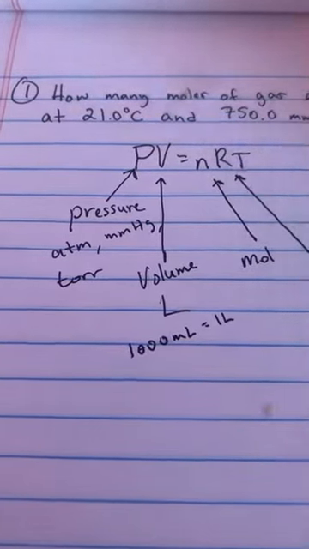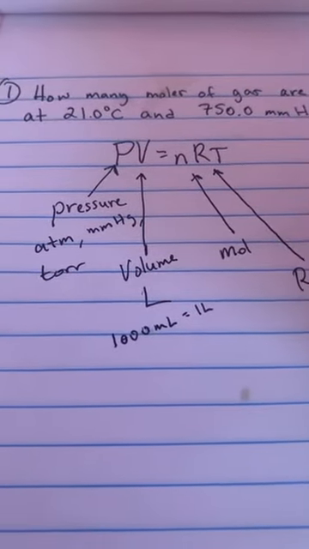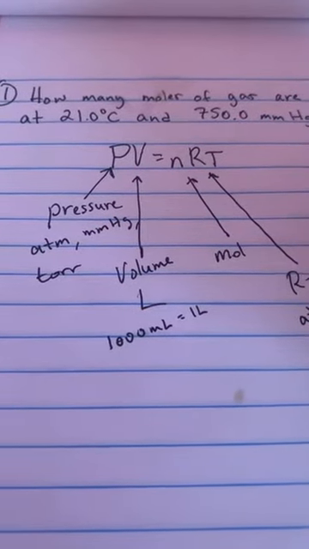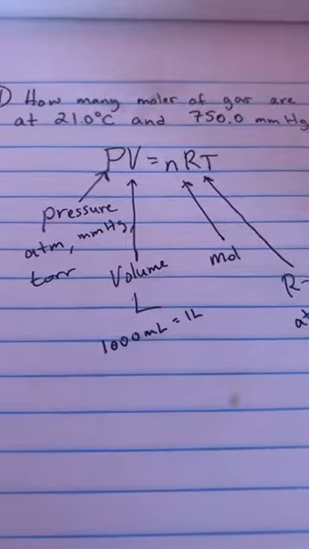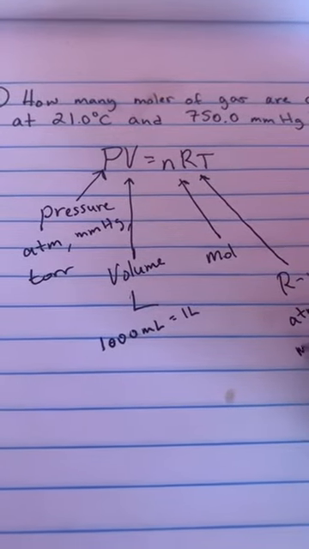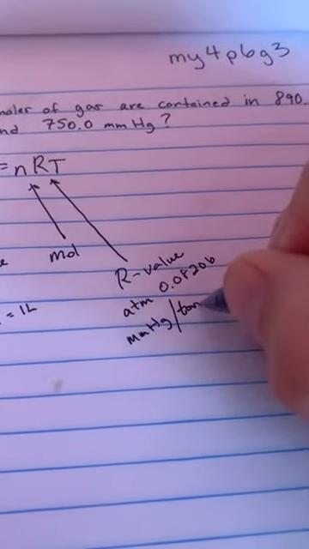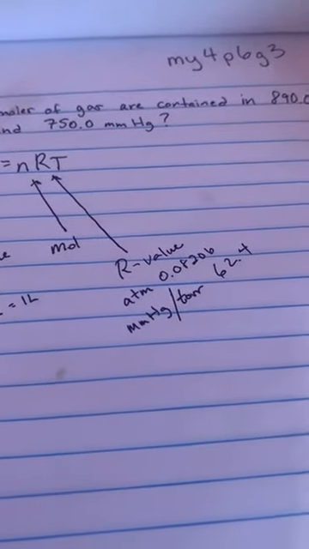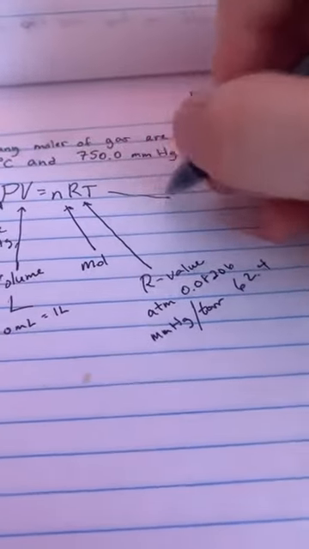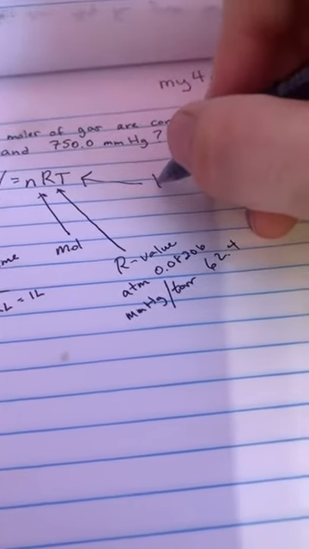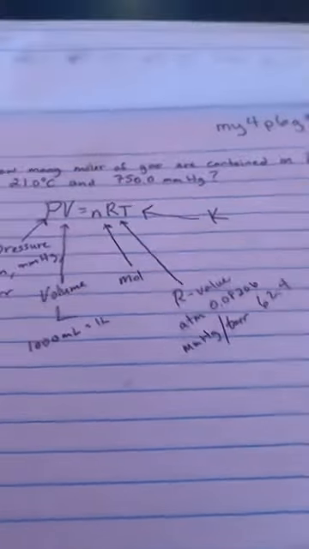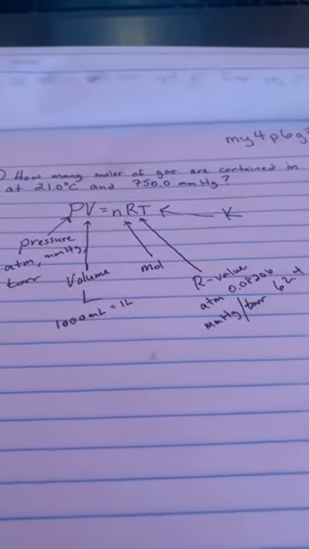The R value is a constant. The constant for atm is going to be 0.08206. The constant for millimeters of mercury or torr is going to be 62.4. And T is temperature, that is going to be in Kelvin. So that's what all those things mean.